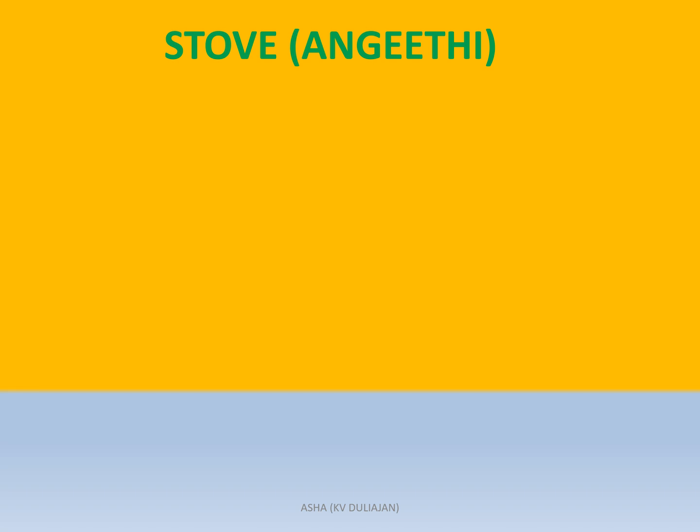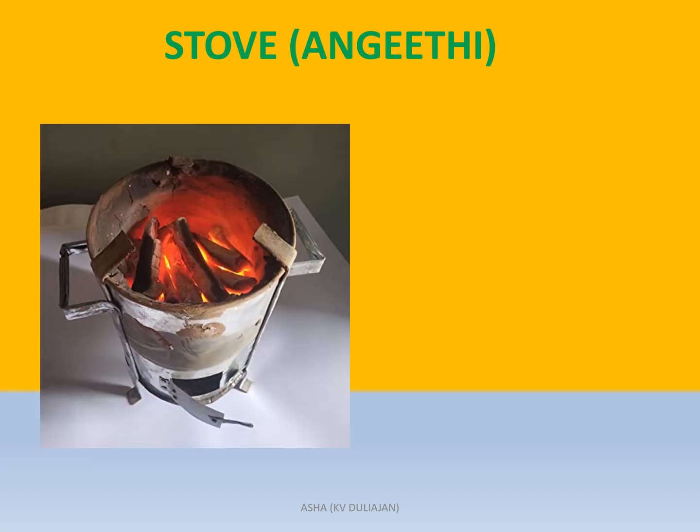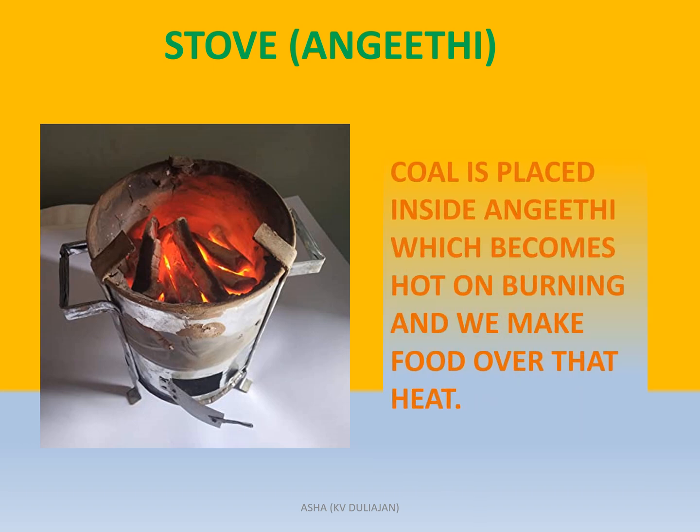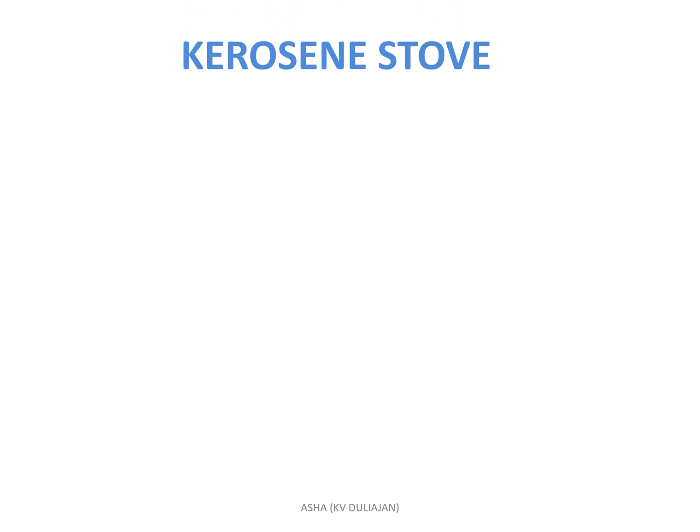Now stove, which is known as angithi. Here you can see this is an angithi. Coal is placed inside angithi which become hot on burning and we make food over that heat.